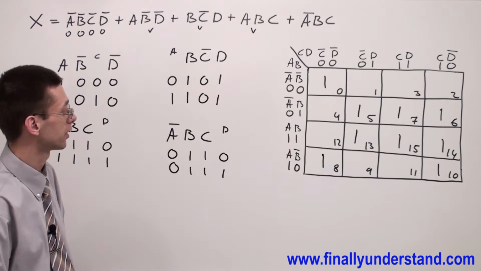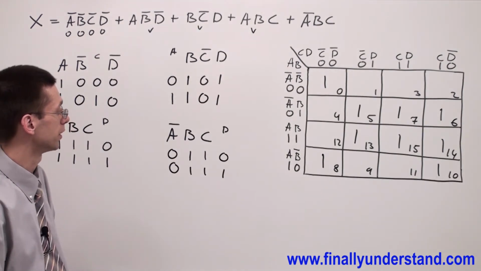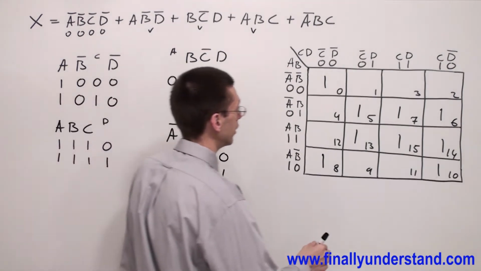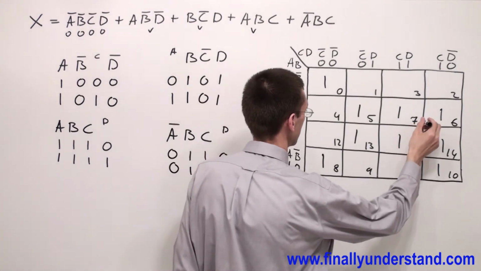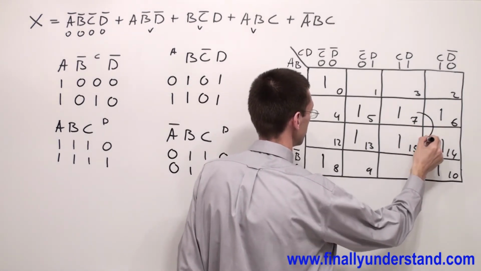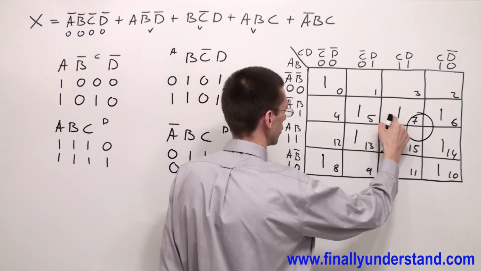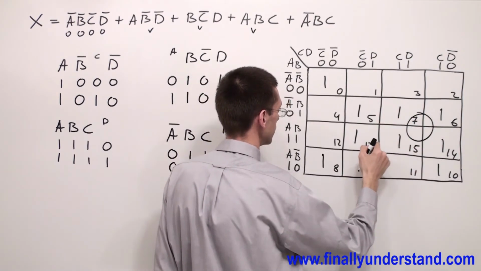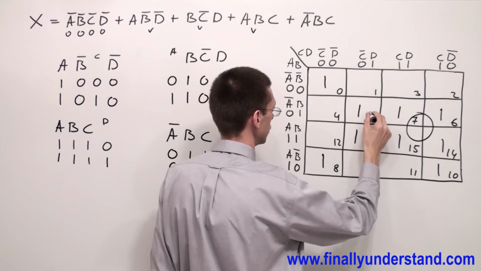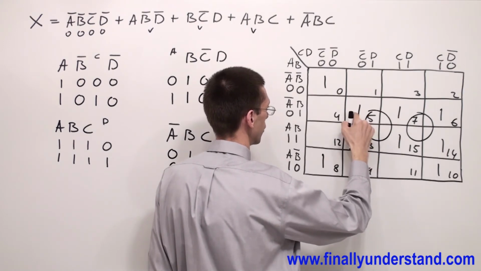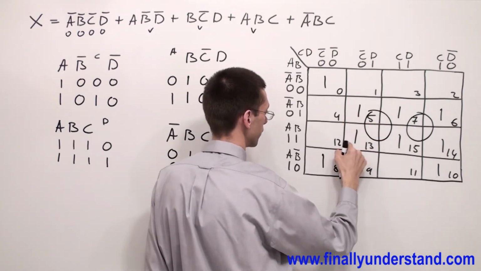Next, let's take a look at how many groups we can create over here. I'm going to start from the biggest one, the group of these 4 ones, and I can create another group of 4 ones, 1, 2, 3, 4.